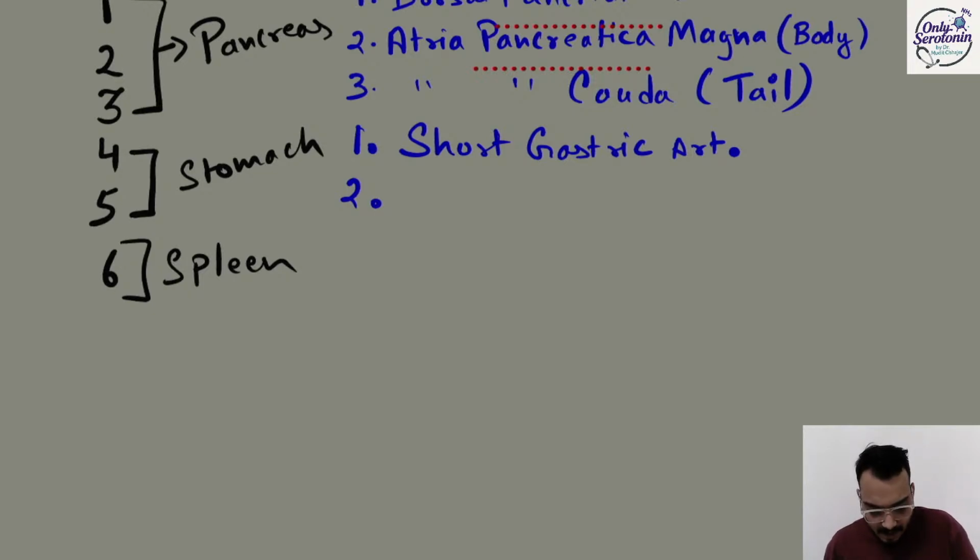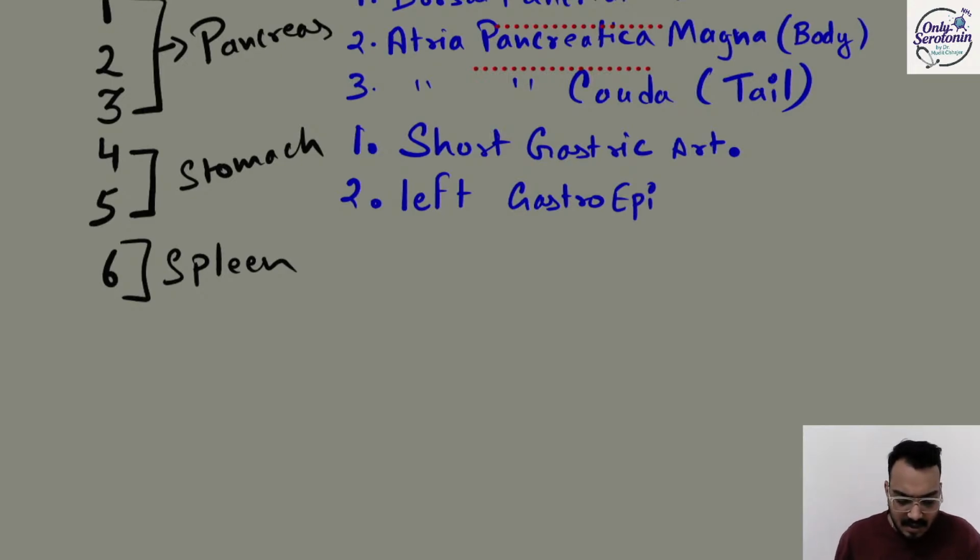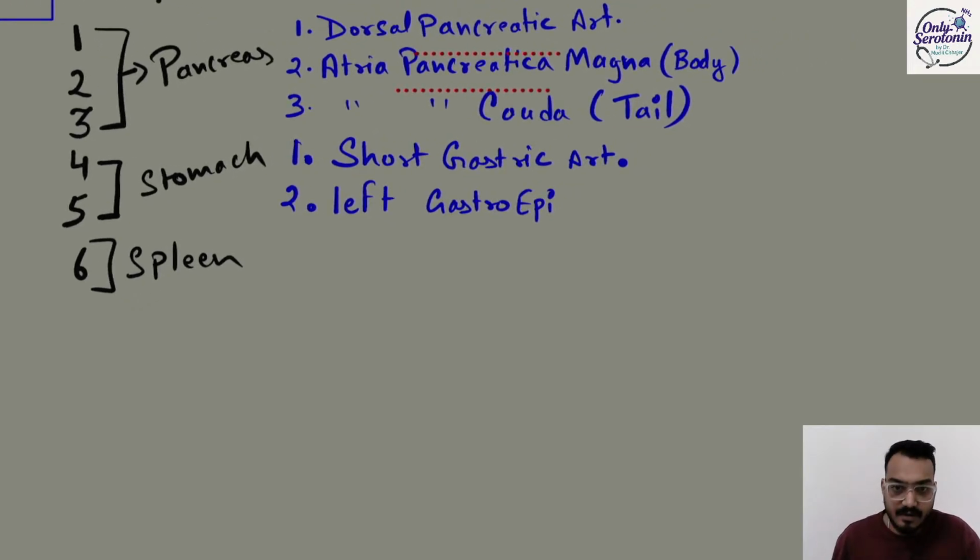The second artery is my left gastroepiploic artery. I have already discussed earlier when we were discussing our stomach blood supply. We have discussed short gastric artery is going to supply to the fundus, left gastroepiploic artery is going to supply the upper part of greater curvature, right? And then from spleen, I am going to have only one branch, and this branch is known as hilar branches.